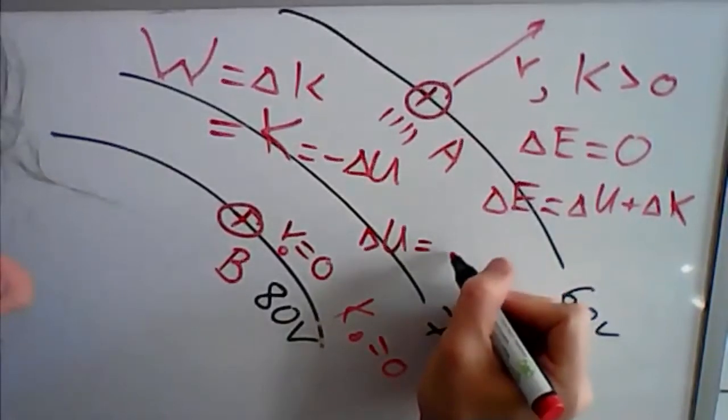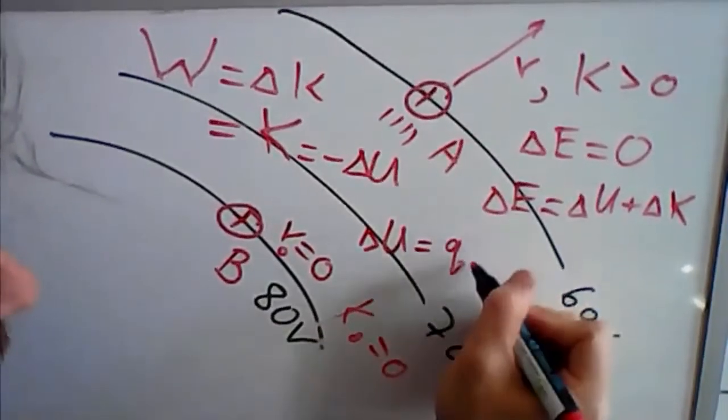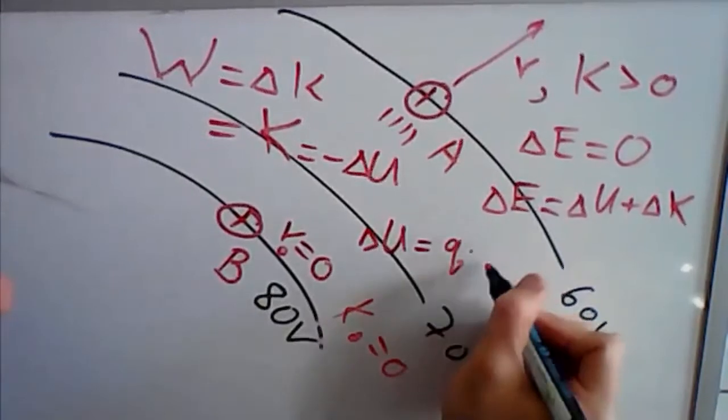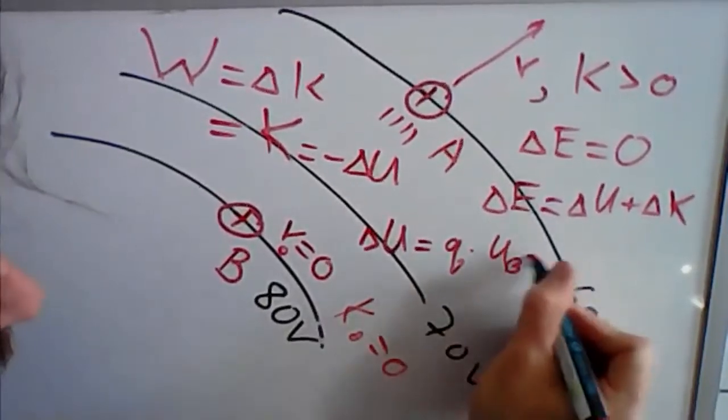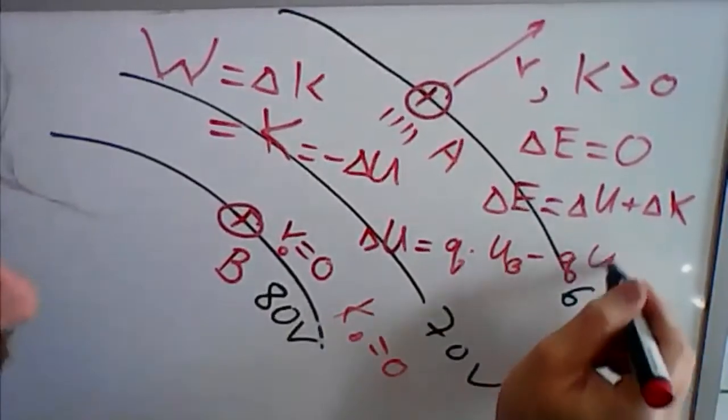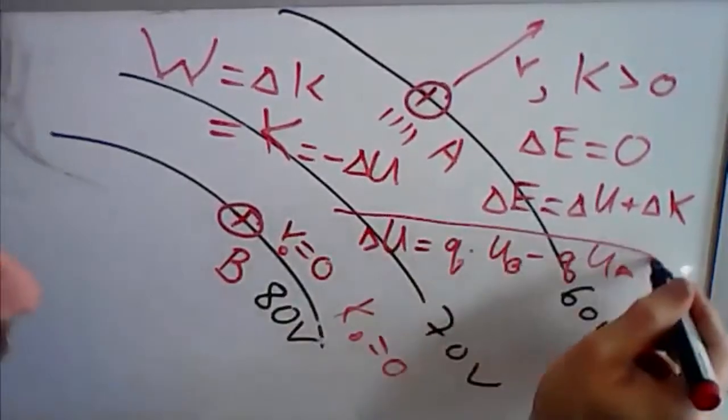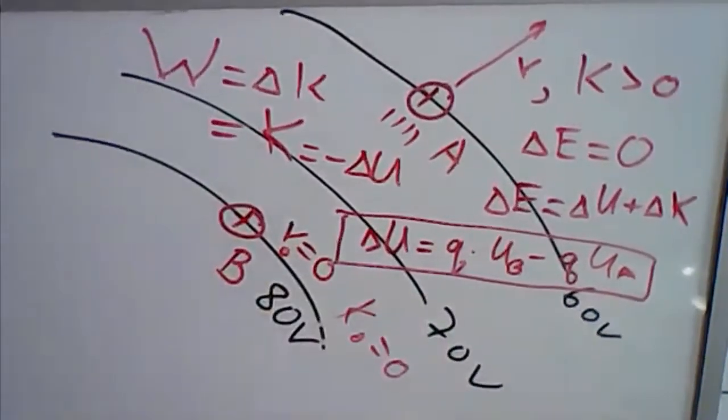So that is Q, the charge, times UB minus QUA. Make sense? We're just writing down what delta U is, which is what they've asked for. Correct? Yep. The change in electric potential energy.